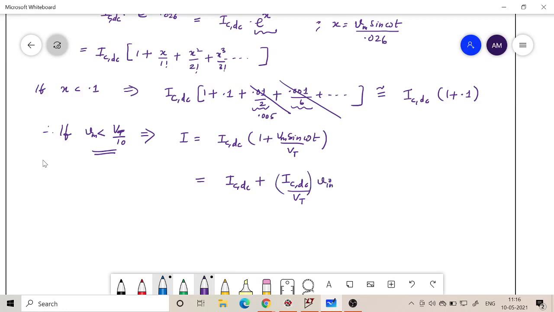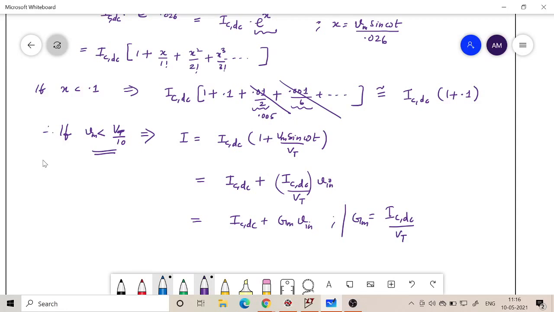This term is what we call Gm, into Vin. Here I have defined Gm. It has to be a conductance. When you multiply it with the input voltage, I get the output current, so we call it transconductance. Output current is given by some conductance multiplying the input voltage, and the conductance is given by IDC by Vt, the DC collector current divided by Vt.